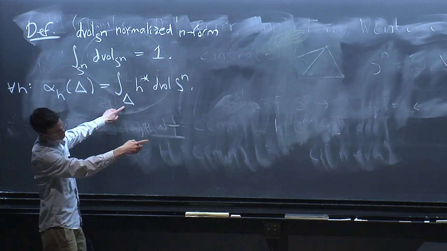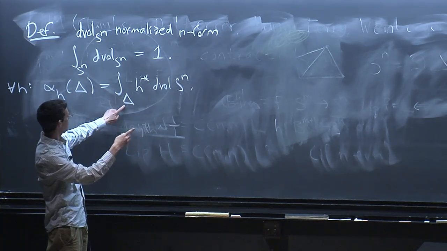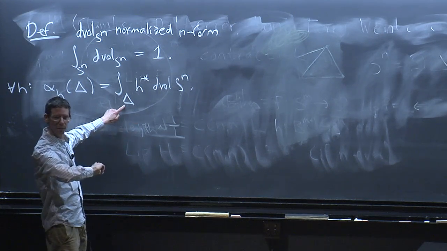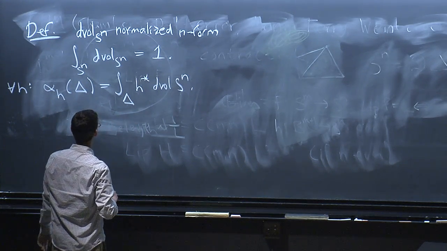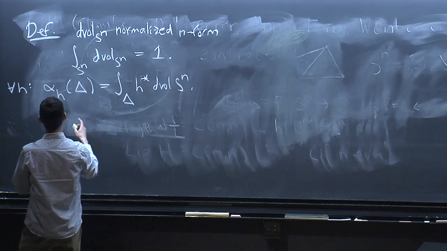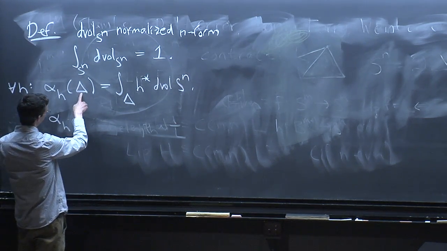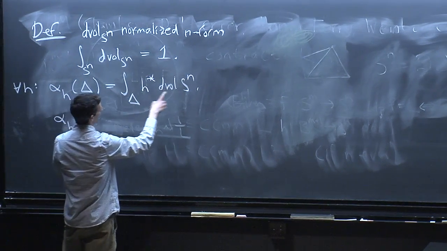So this measures, in some sense, how many times this n face has been wrapped around the target Sn. And what sort of object is alpha H? Well, alpha H takes each n face of my triangulation and spits out a real number.